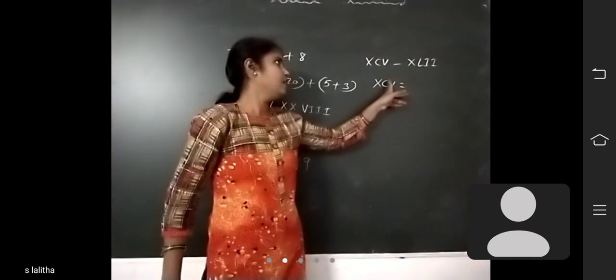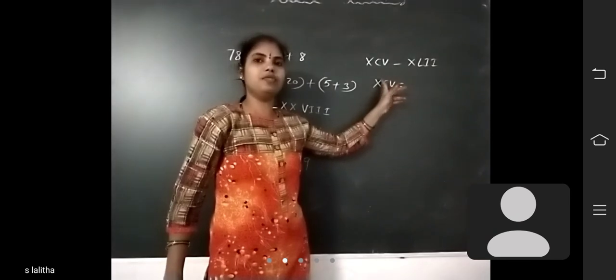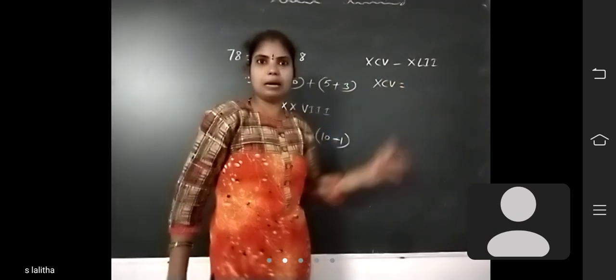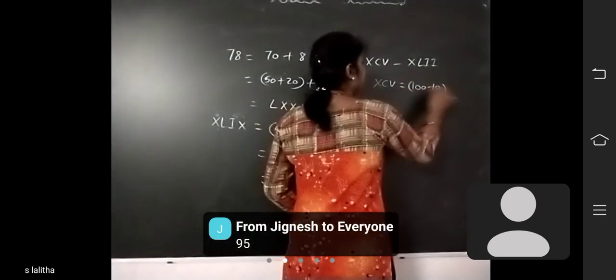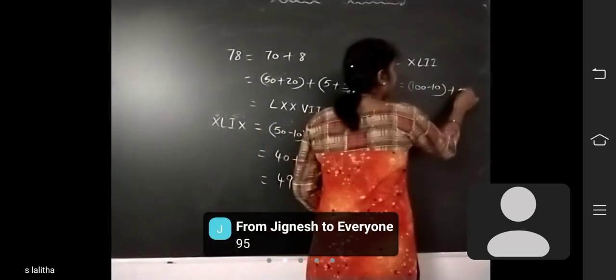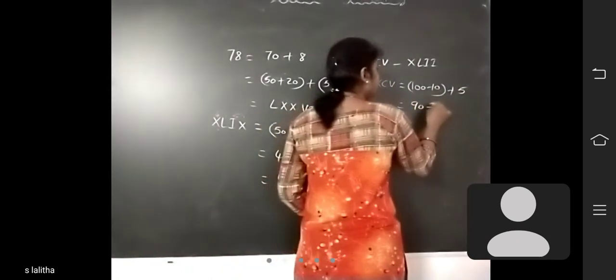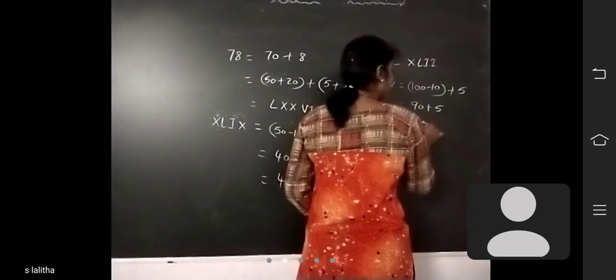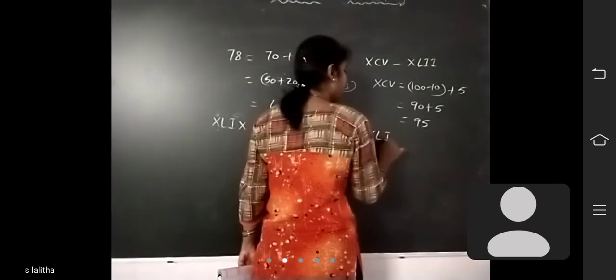So the smaller value is on the left side of the greater value. That means you should subtract 100 minus 10, plus V means 5. So 100 minus 10 how much? 90 plus 5 how much? 95.